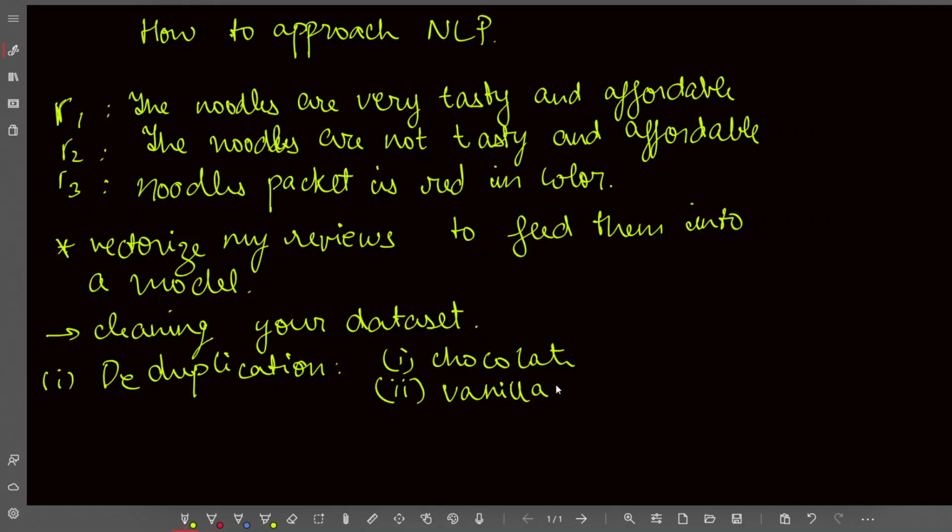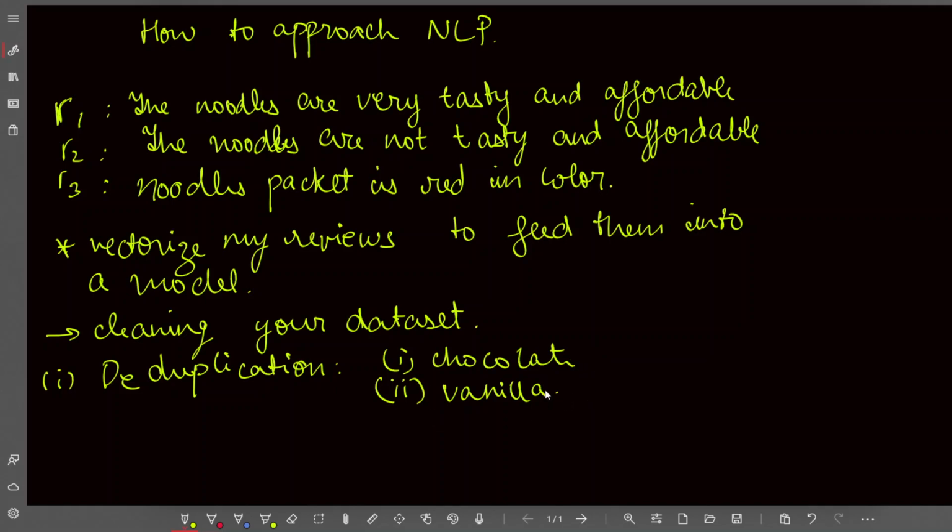What these e-commerce websites tend to do is, the reviews written for the chocolate flavored ice cream, once the vanilla flavor comes out, those same reviews are also linked to the vanilla flavored ice cream. So you essentially have the same review for two different flavors of ice cream, right?